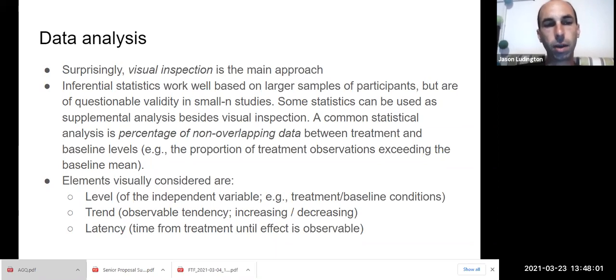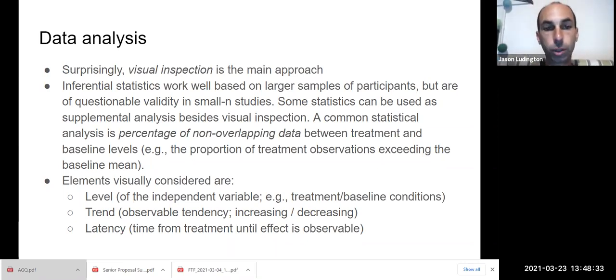We don't know how long it takes for a treatment to be fully observed, but we can see that the latency is not immediate. We don't see an immediate and permanent drop in smoking as soon as a treatment session happens. So it takes some time for the treatment to be absorbed or to affect the person.